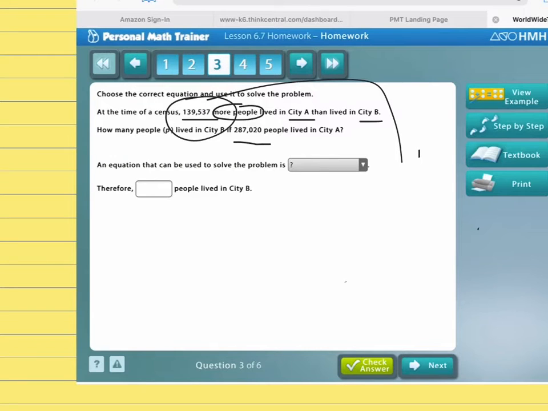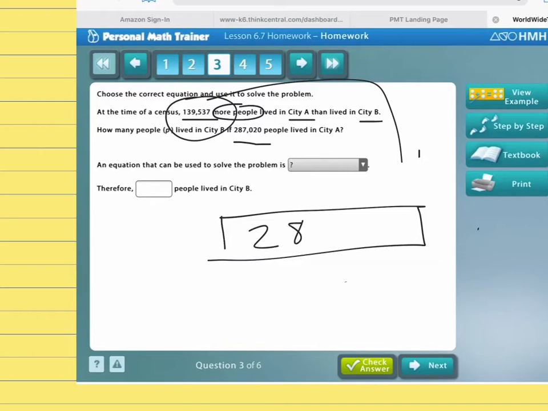So what we've got here, we know that the total is going to be 287,020. Probably should use a Math Mountain on this, so you could do a Math Mountain model. Just put this number here.